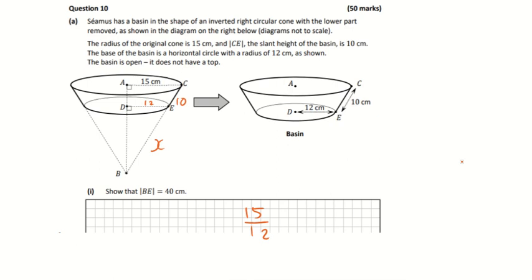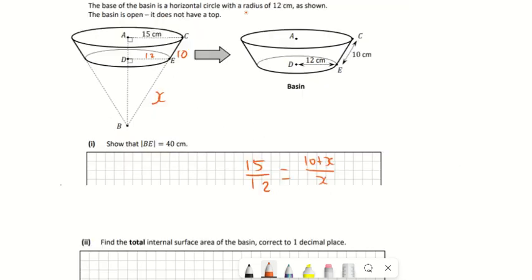So if we compare these two sides, so that one and then this one here, we're going to let that be equal to 10 plus x all over x, and then we have an equation that we can solve.